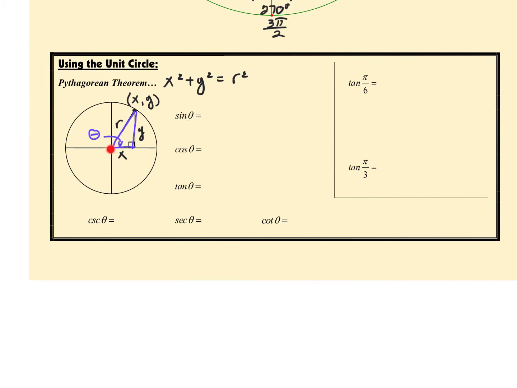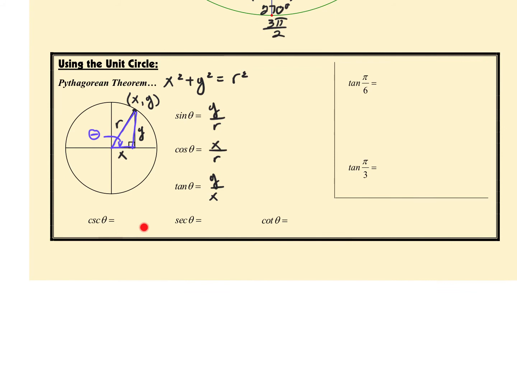So we're going to stand here at the origin, and sine, of course, would be opposite over hypotenuse. So that would be our y over r. The cosine then would be the adjacent over the hypotenuse, and that's going to be x over r. And our tangent would be our opposite over our adjacent, or y over x.